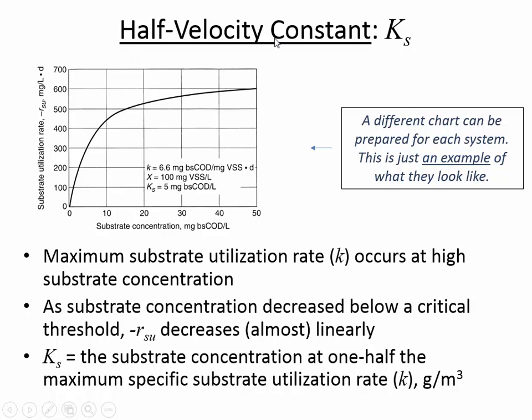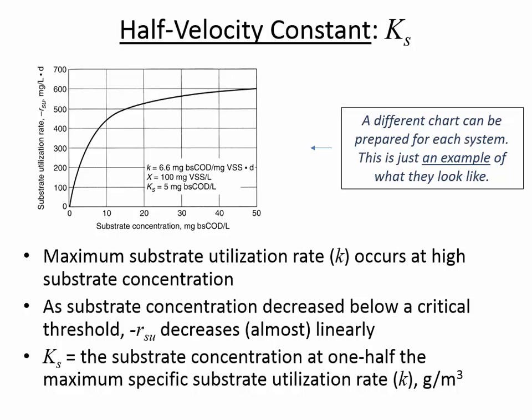The half velocity constant, though, is when you get down to half of the maximum. So if the maximum is 600, then half of that rate, half of the maximum rate, is 300. What is the concentration that corresponds to that? So these microorganisms, they are consuming food the fastest when we have 50 milligrams per liter.